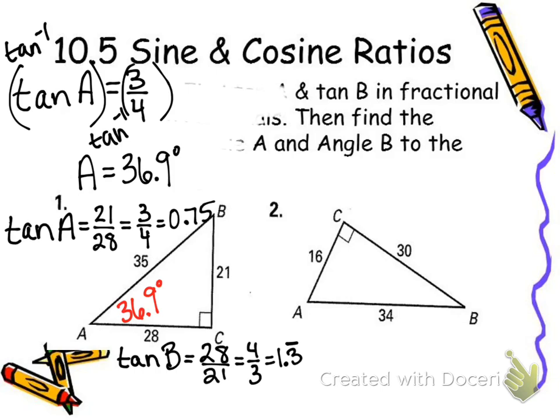Good. Subtract from 180. 180 minus 90 minus 36.9. What would that give us? Connor? 53.1 degrees.